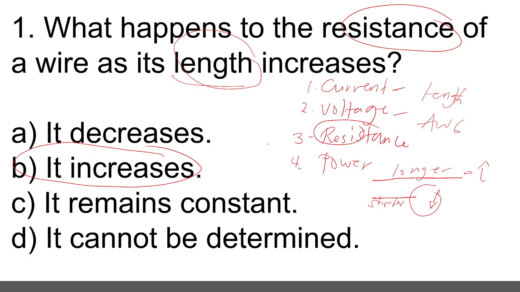Now, if the question is about thickness, the thinner the wire, the higher the resistance. But the thicker the wire, the lower the resistance. So for this question, we have the letter A as our answer. Sana ay malinaw.